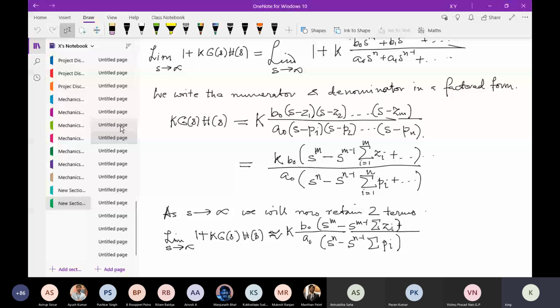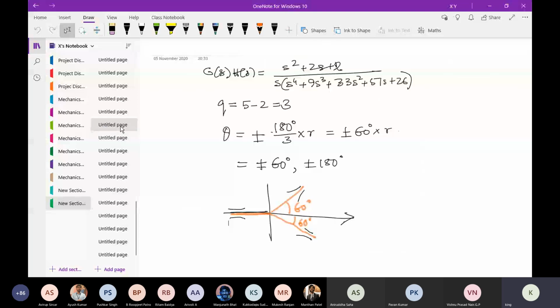Now this thing can actually be factorized.